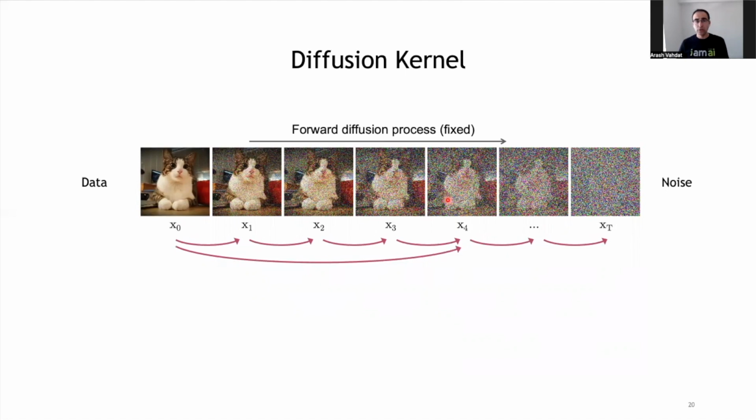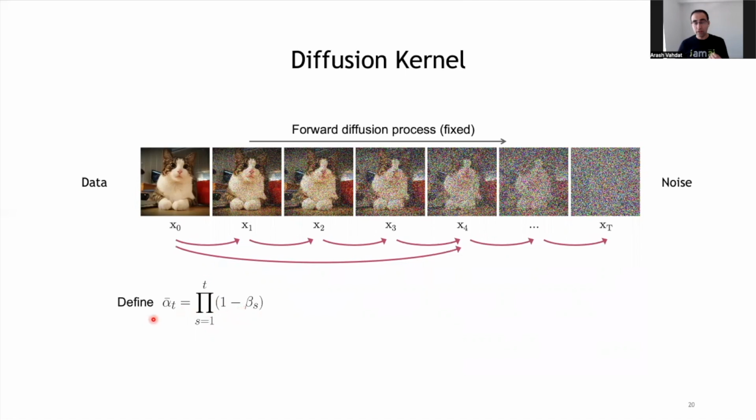We can actually show that because of this simple form, we can first define this scalar. This scalar alpha bar t is the product of 1 minus betas from time step 1 all the way up to current step t. So this is just defined based on the parameters of the diffusion kernel.